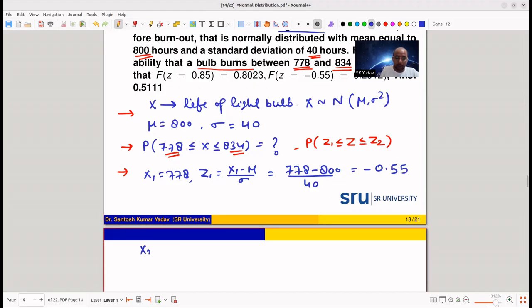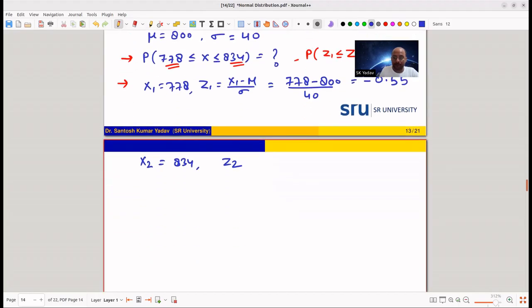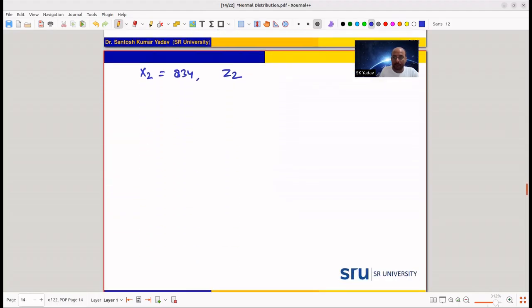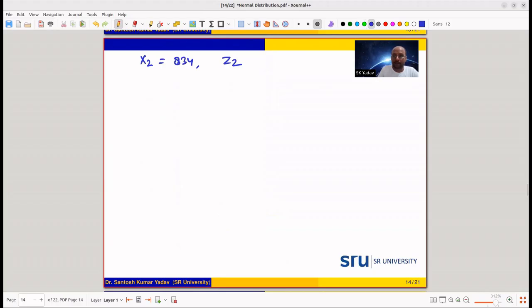Similarly, when x2 is equal to 834, z2 is x2 minus mu upon sigma, which is 834 minus 800 divided by 40, which is equal to 0.85.